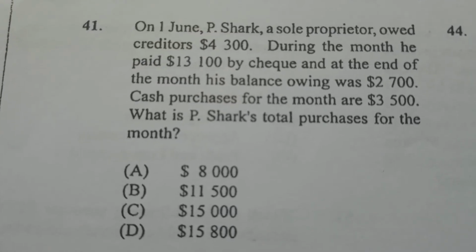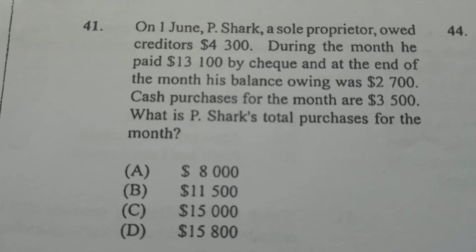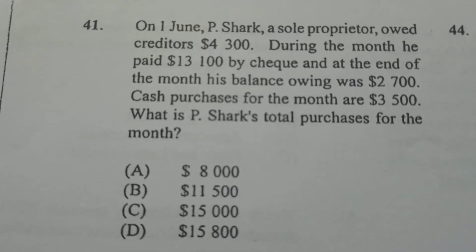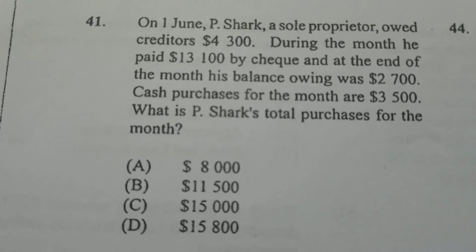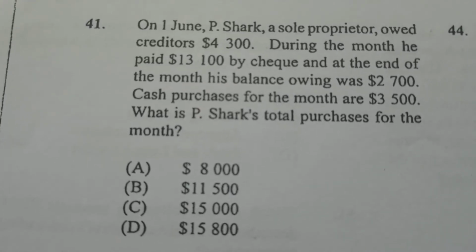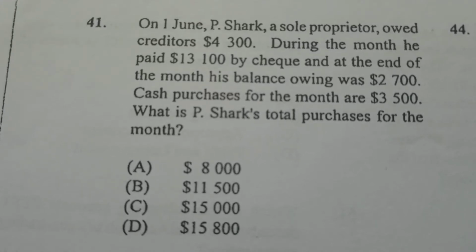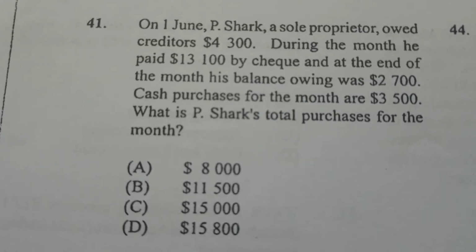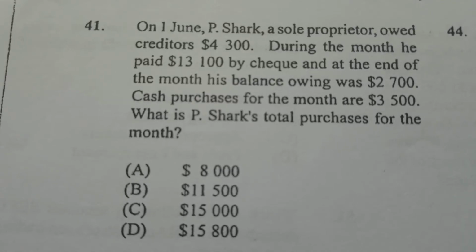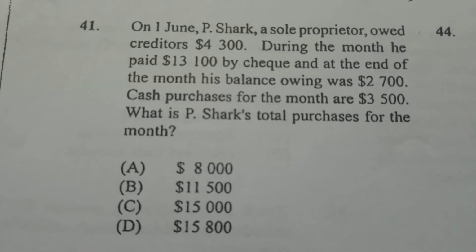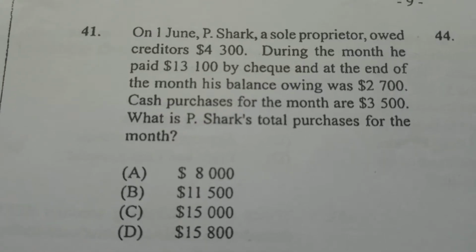At the end of the month, his balance owing is $2,700, and that is a credit balance. And the cash purchases is $3,500. Let's look at how it looks.